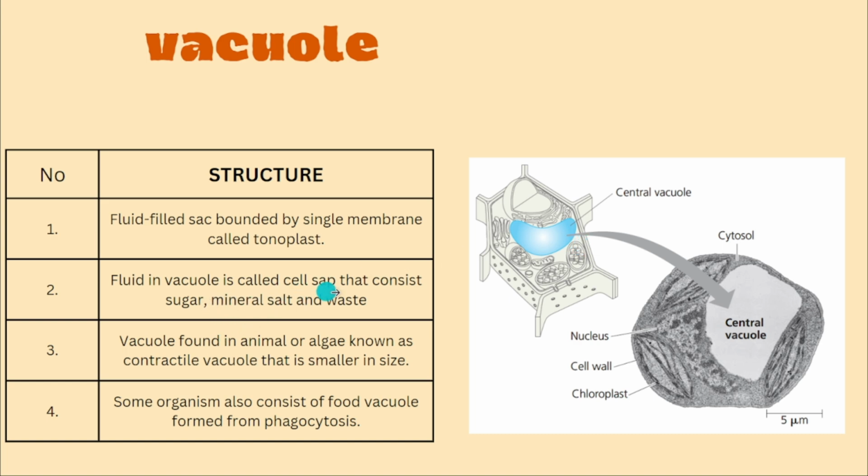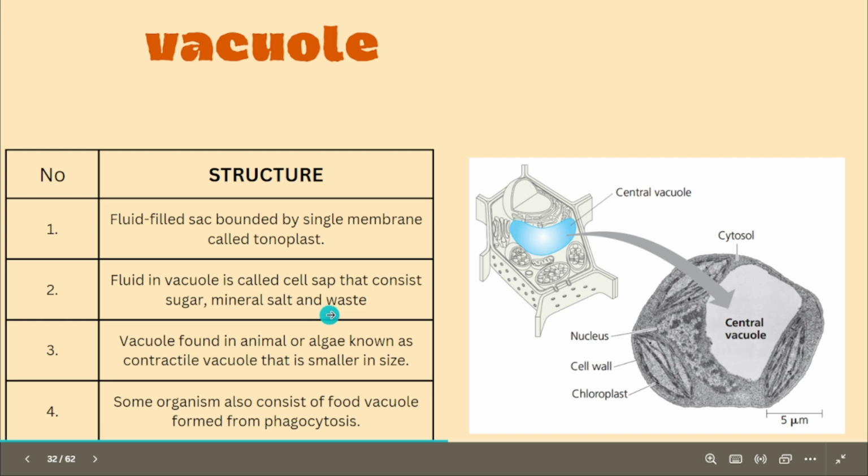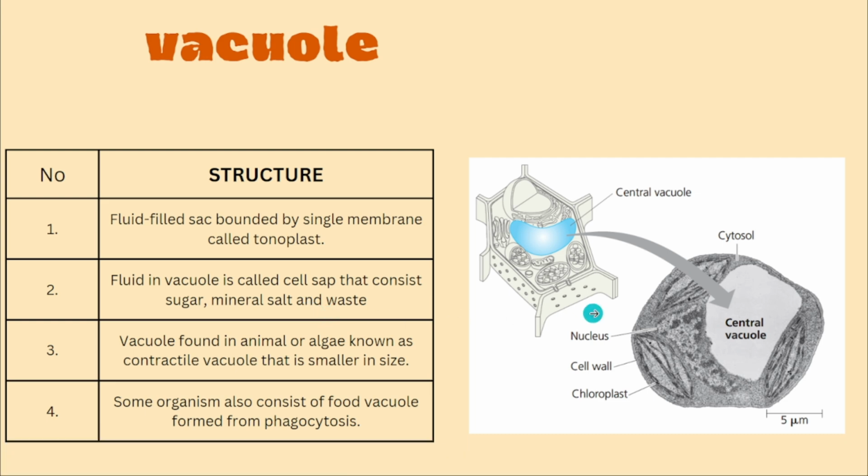The fluid in the vacuole is called cell sap. This is not just water; you can say water or any fluid. When you talk about cell sap, this is the water or fluid inside the vacuole. The scientific term normally refers to a fluid containing sugar, mineral salt, and also waste products, but the major component is water.